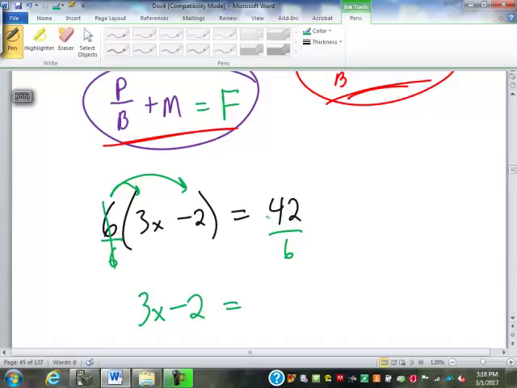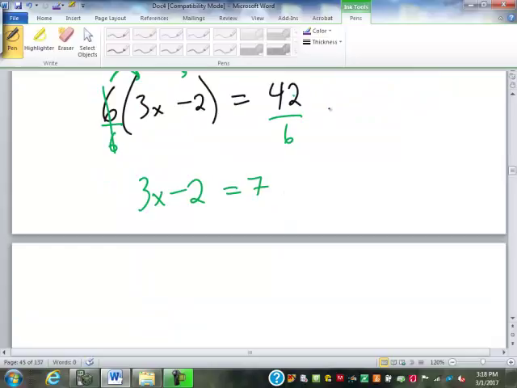There's nothing else over there, so I don't need the parentheses anymore. And on the right side, I can do 42 divided by 6 is 7. And then we solve it by doing what's our first step? Adding 2. So 3x equals 9. And finally, divide by 3. So x equals 3.